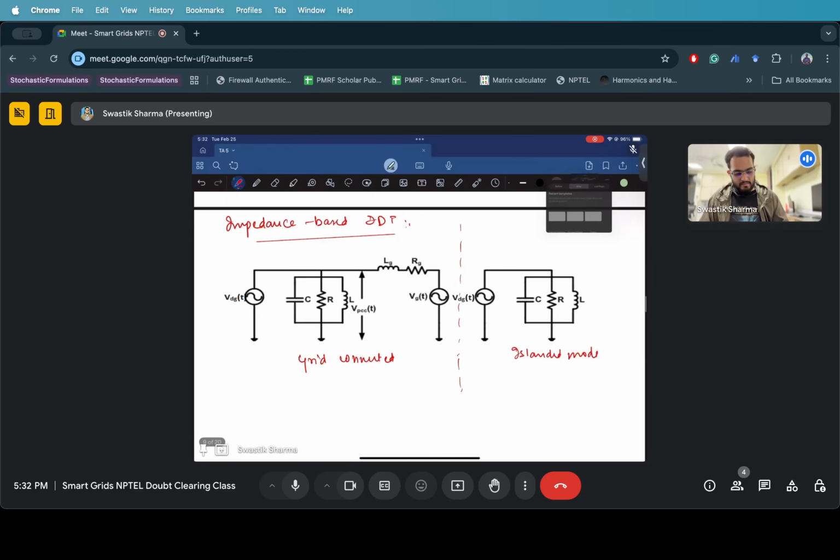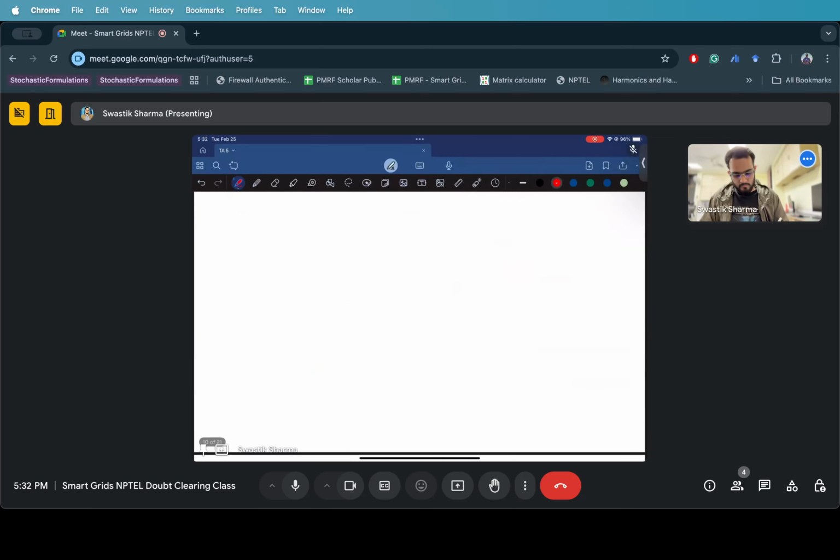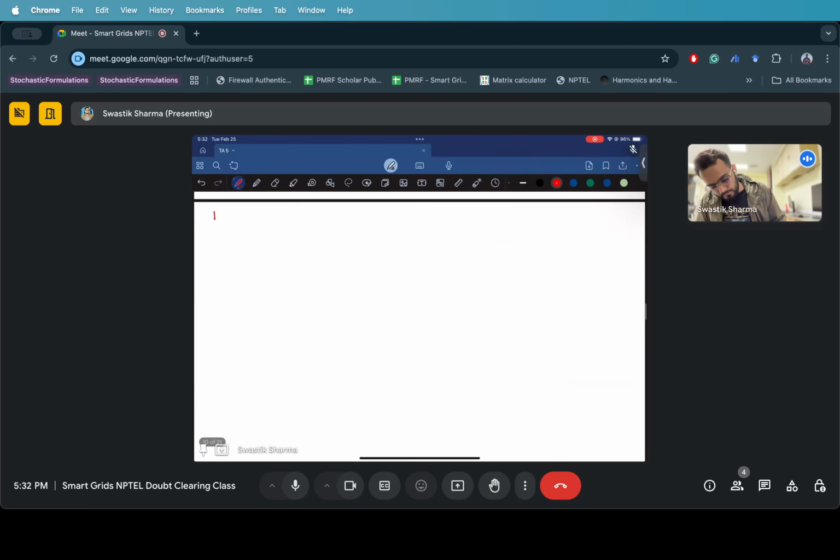The second is ROCOF-based IDT, or rate of change of frequency-based IDT. In this, what we do is we track how our frequency is varying. Let's say this is frequency with respect to time.